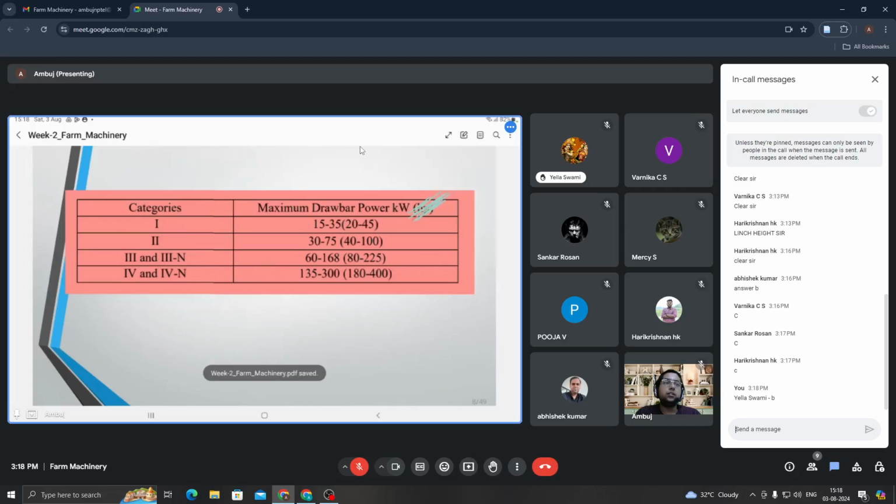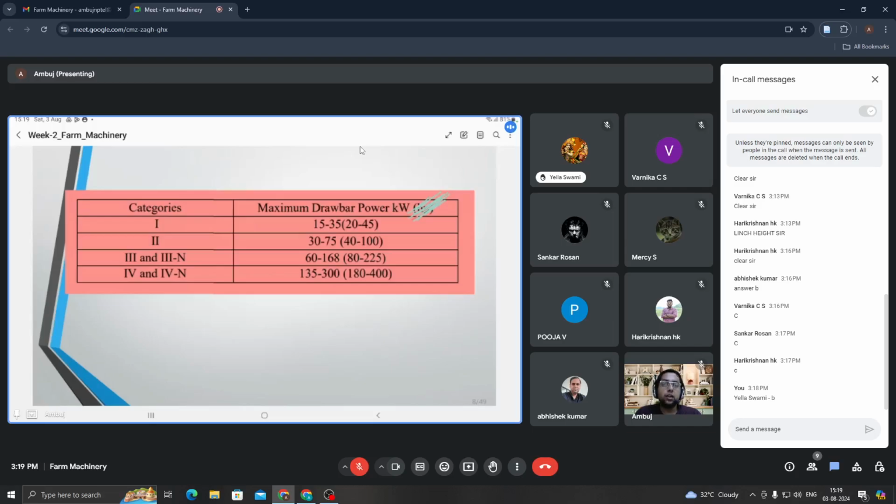This is the distribution according to ASAE standards. Category 1. The bracketed term is in HP, and the term outside the bracket is in kilowatt. So the category distribution is 1, 2, 3, and 4.